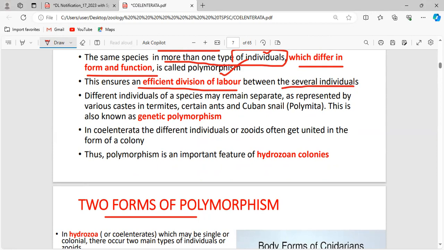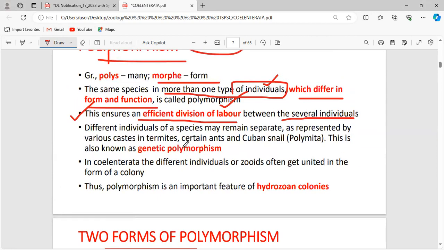See, in protozoa there is a subcellular physiological division of labor. But in Coelenterata, this ensures an efficient division of labor between several individuals. As it exhibits different forms, each one is destined to do its own function.